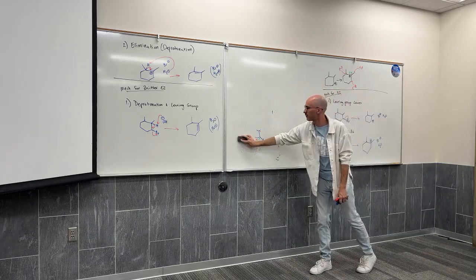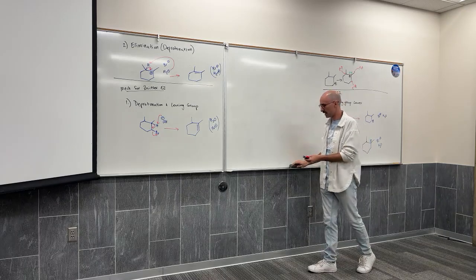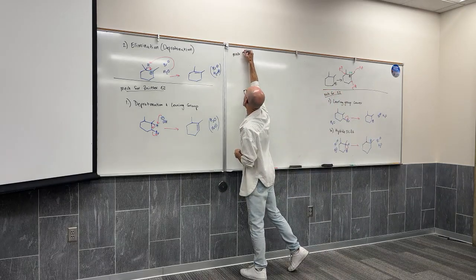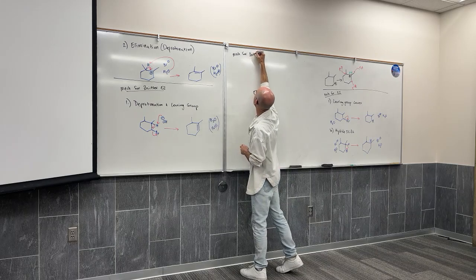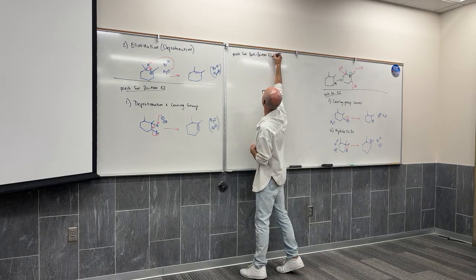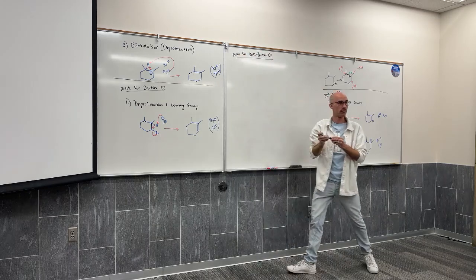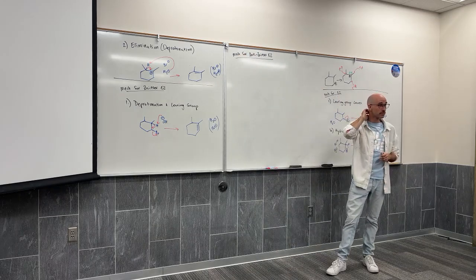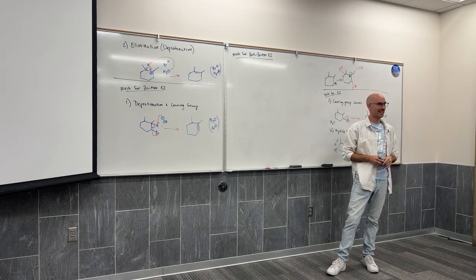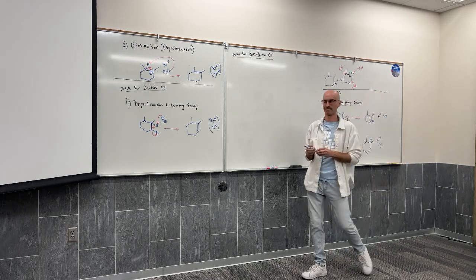Let's look at the mechanism for anti-Zaitsev E2. How many steps do you think this will be? One? Why? Because it's still a strong base and it's just happening at a different carbon?